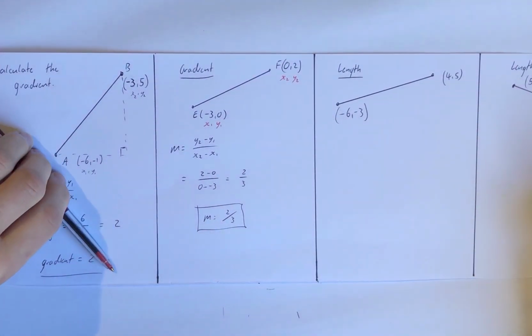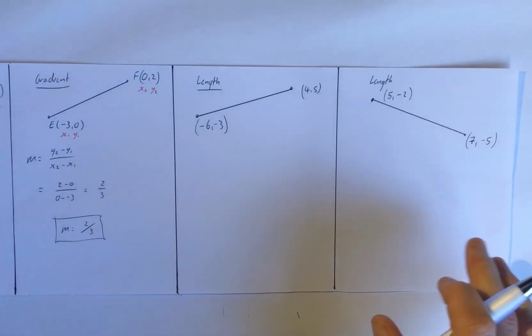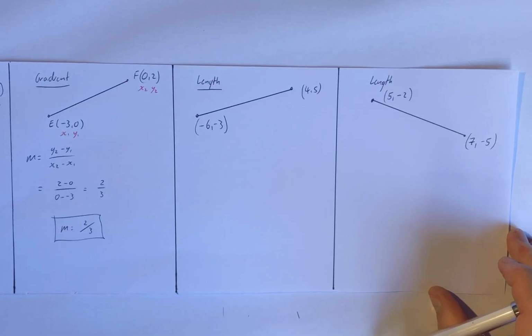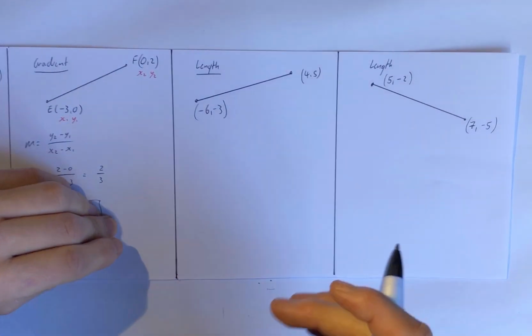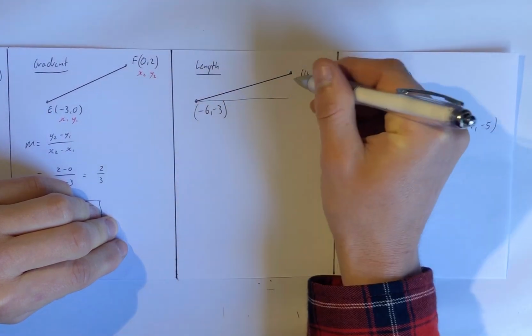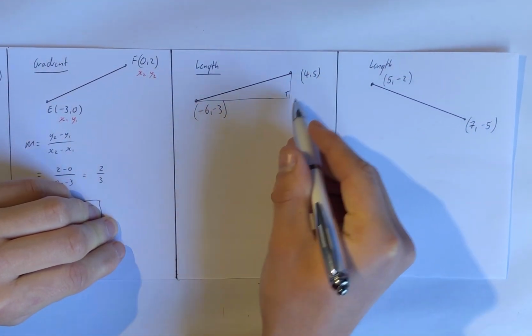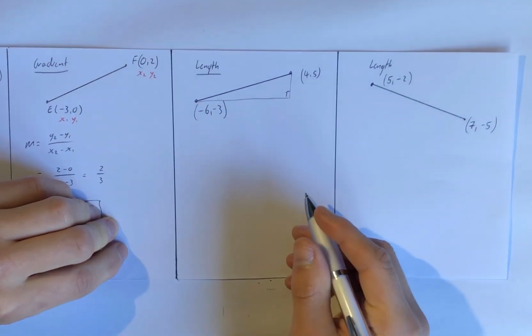Alright, what Mr. Bell also did is he went through length. So we want the length of this line. So remember, you can create just a right angle triangle off the bat, and it's going to be this distance squared plus this distance squared will give us that distance squared.